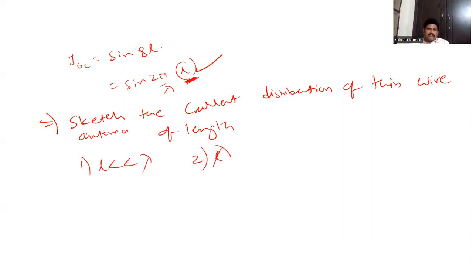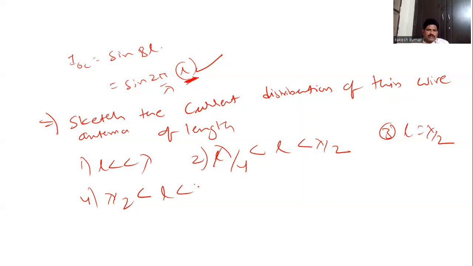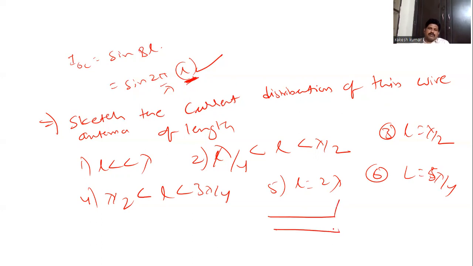Second one, if the length L is less than lambda by 2. The third one is L is equal to lambda by 2. And the fourth one is lambda by 2 less than L less than 3 lambda by 4. The fifth one is L is equal to lambda. And the sixth one is L is equal to 5 lambda by 4. Like this, you can create it by bending the transmission line. Okay. So you'll get the standing wave. Based on that, you can draw the current wave pattern.